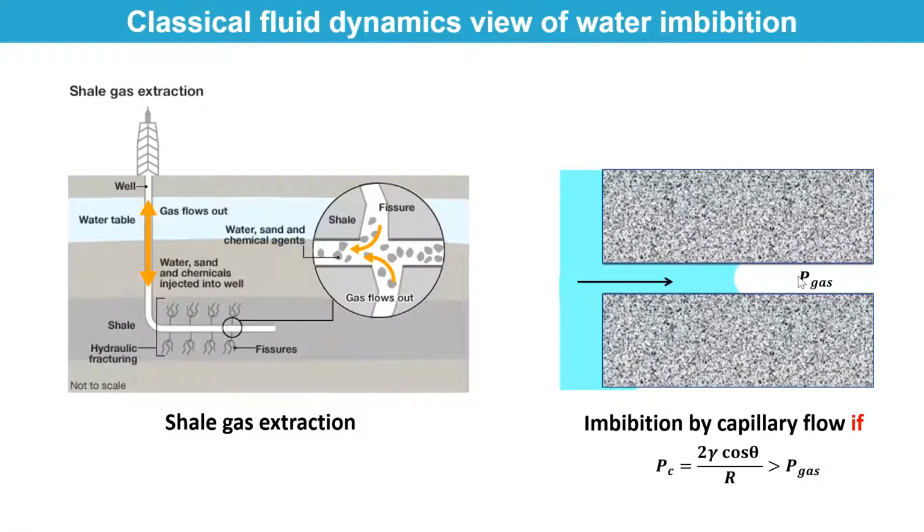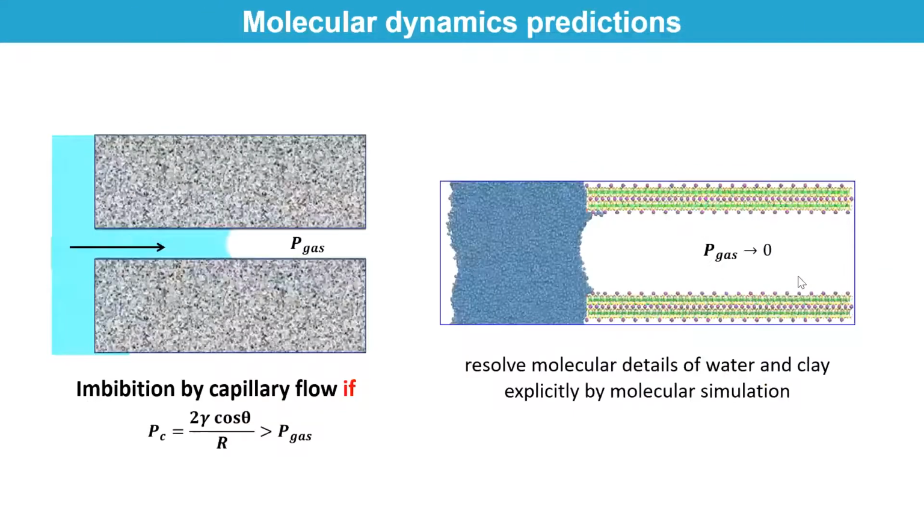Of course, the question you could ask is whether this is an accurate description of the phenomenon. Well, to a very large extent, yes. In fact, in addition to direct experiments, we can check the prediction of classical hydrodynamics using molecular dynamics.